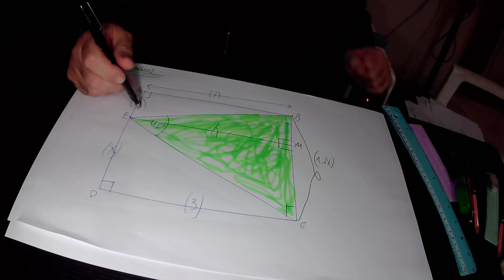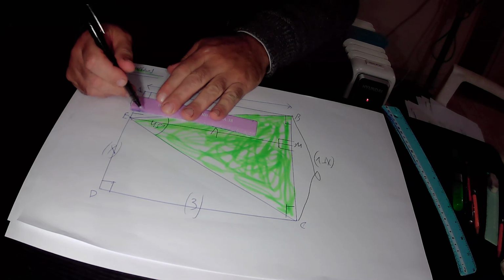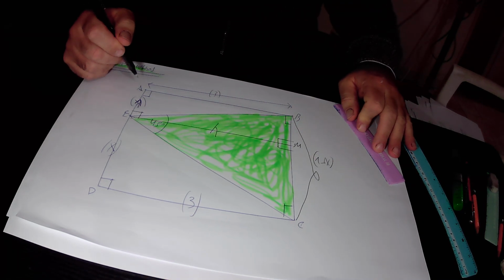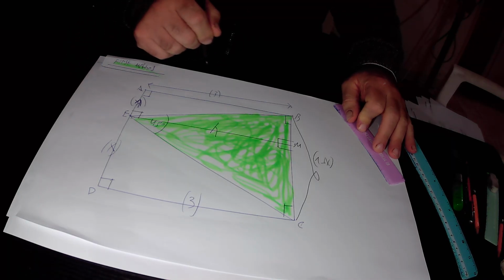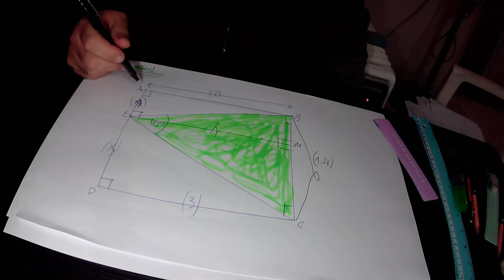Therefore this fourth missing angle must be equal to 90 degrees. So in the small upper quadrilateral ABME we have 4 right angles. Therefore quadrilateral ABME is a rectangle.